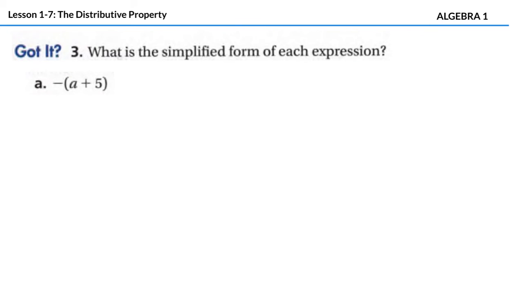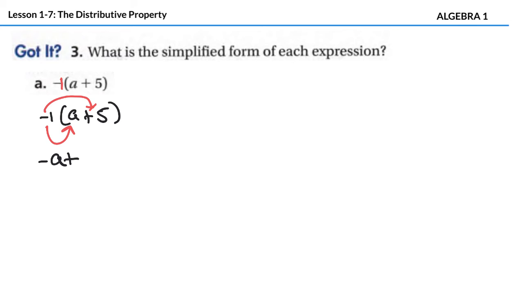Try this. What is the simplified form of each expression? So there is no number given outside the parenthesis. We can safely assume it is 1. So we can rewrite the problem negative 1 times a plus 5. Multiply them. So we have negative 1 times a, which is negative a, plus negative 1 times positive 5.